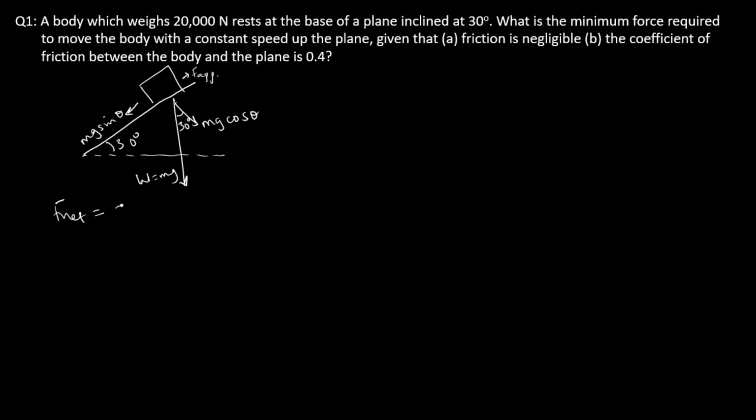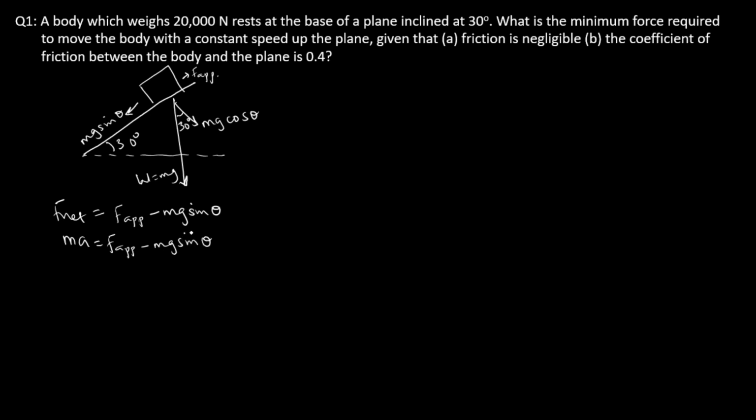Now, we give it a plus sign because it's acting upward, and then minus our mg sine theta, which acts downwards. Our net force is ma, so we can write ma equals applied force minus mg sine theta.